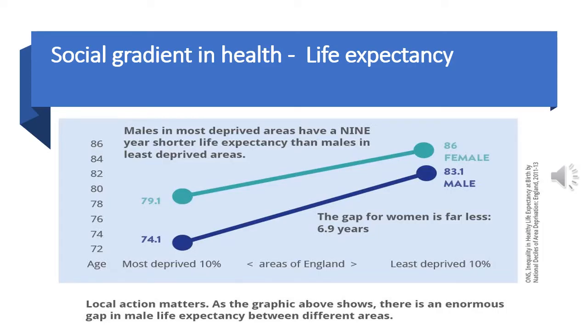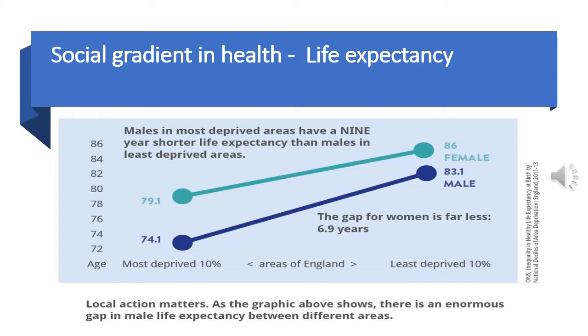So let's look at the social gradients in health in terms of the gradient in life expectancy, which is an area of interest for most researchers in social epidemiology. It's really interesting to look into this subject. The graph here shows the relation between deprivation status, or poverty, among males and females in relation to life expectancy in the UK.